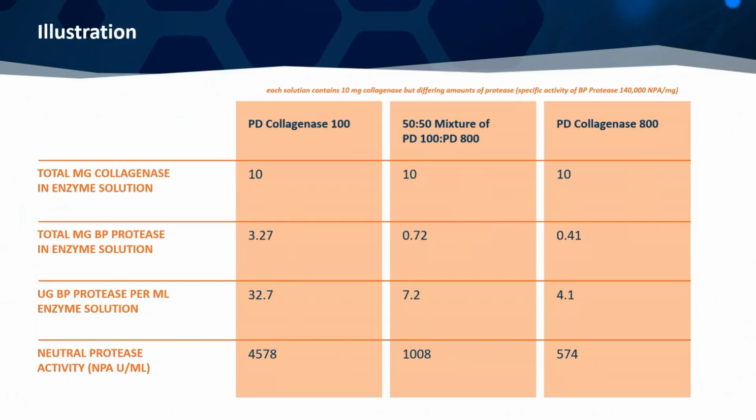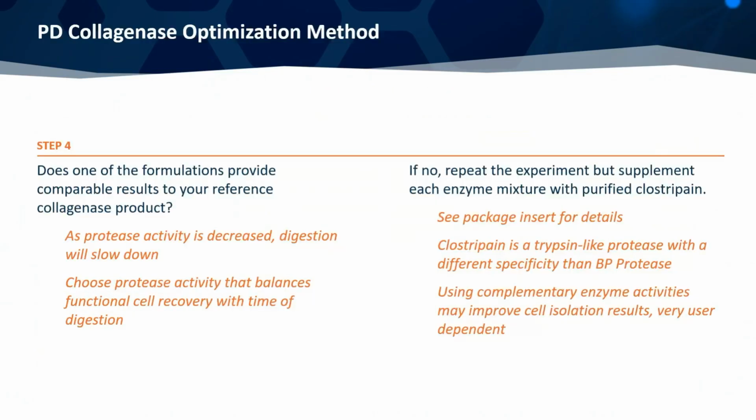So step 4, of course, would be, does the formulation work? And you have to note, as you decrease the protease activity, as I showed you in the human hepatocyte, you're going to slow the digestion down. So you're going to have to balance the activity with functional cell recovery in the time of digest.